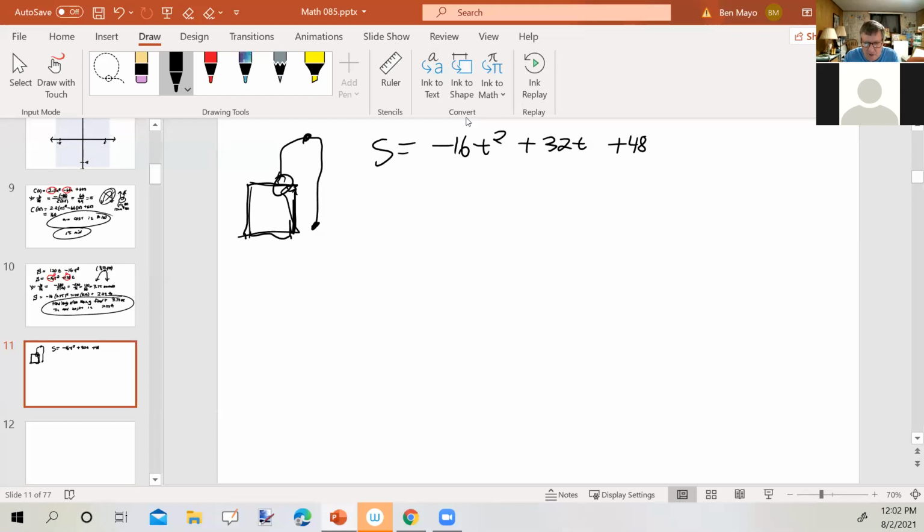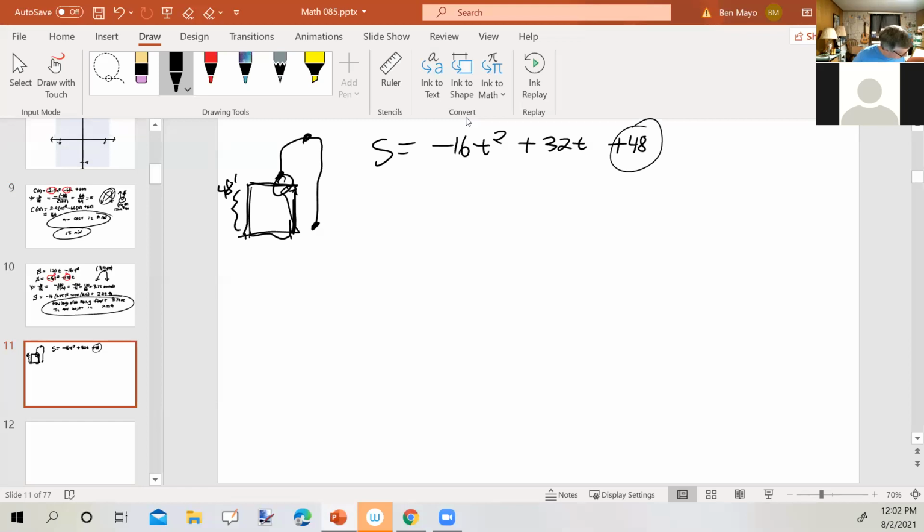How much time has gone by? 0, right? If the time is 0, if we put 0 in for t, what is s? It's 48. So this building is 48 feet high. I mean, perhaps a little smaller if you're standing on it and everything, but the point is the ball is 48 feet high when it's thrown. They didn't ask that, but it's right there. It's the y-intercept graphically.